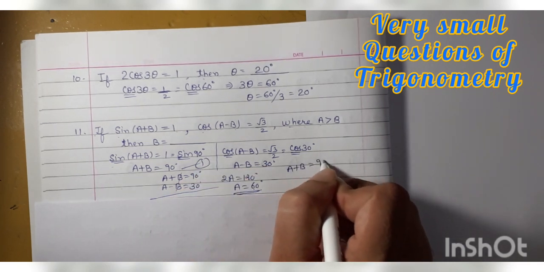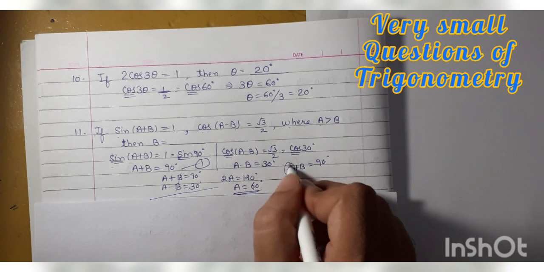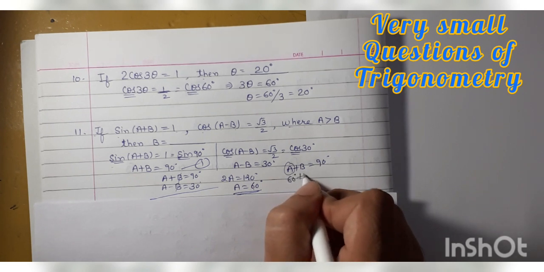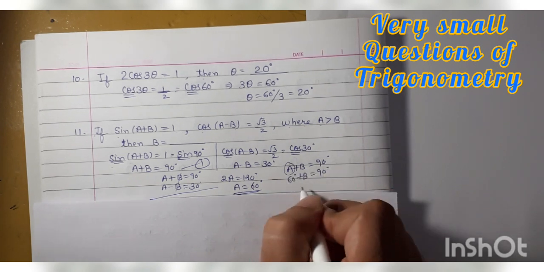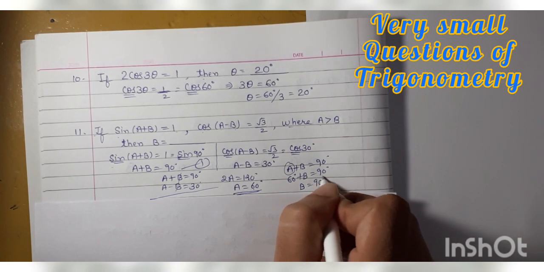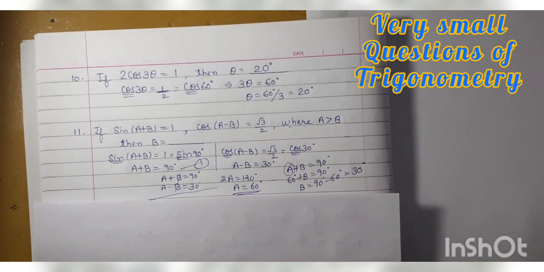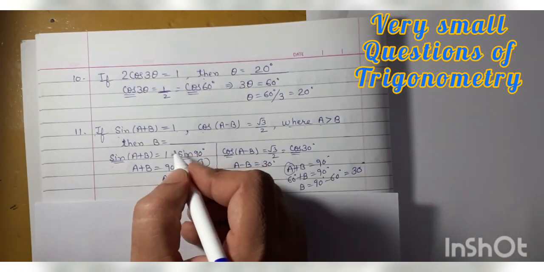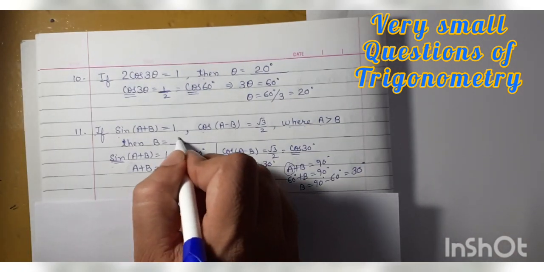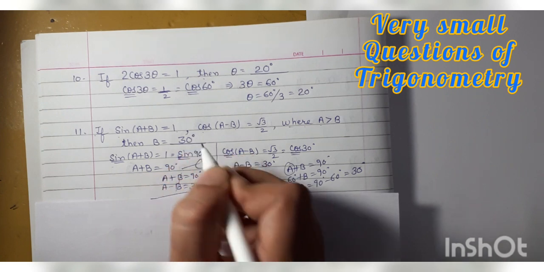Equation 1 is what? A plus b is 90. This is your 60 degree. Okay, then b will be what? 90 degree minus 60 degree. That is your 30 degree. Then 30 degree is your answer.